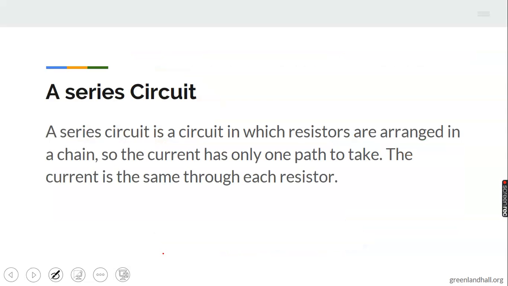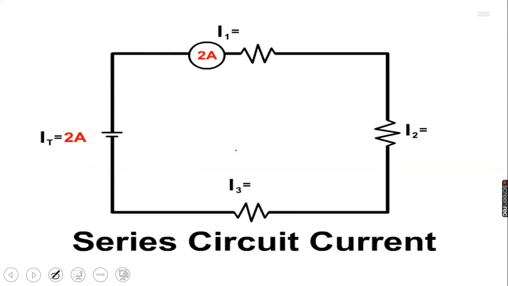Now let's go to series circuit. It says the series circuit is a circuit in which resistors are arranged in a chain so that the current has only one path to take. The current is the same through each resistor. You can see the current has only one path to take and it's going around the resistors.